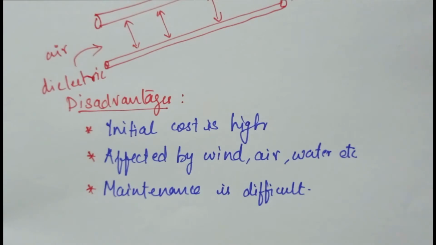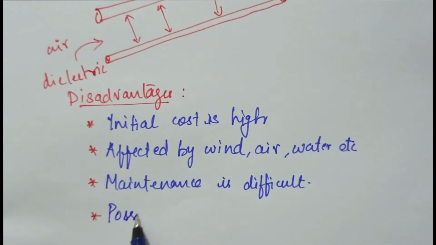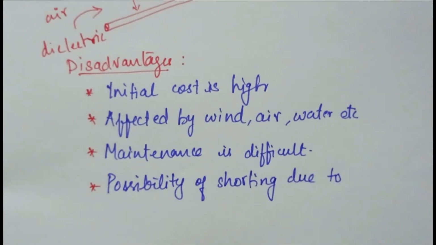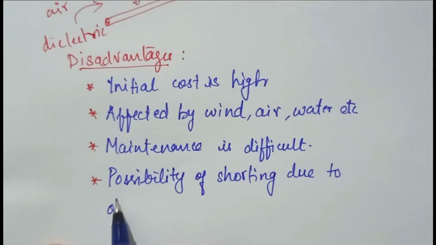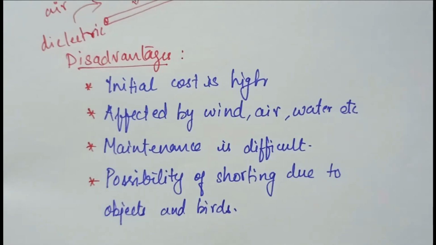Next, there is a possibility of shorting due to flying objects and sometimes by birds. So these are the disadvantages.